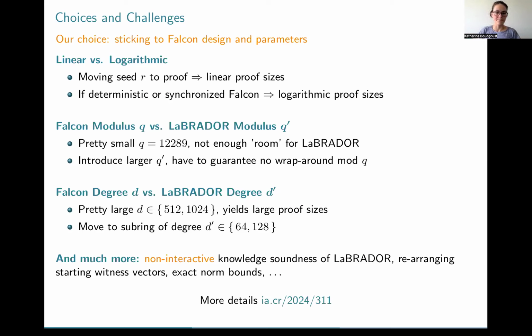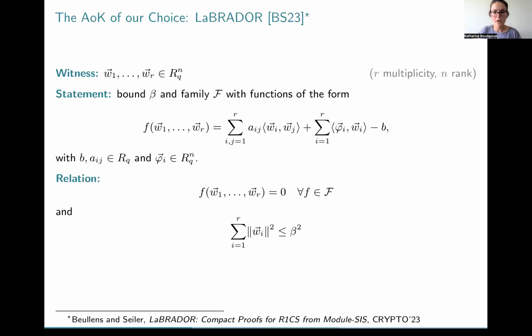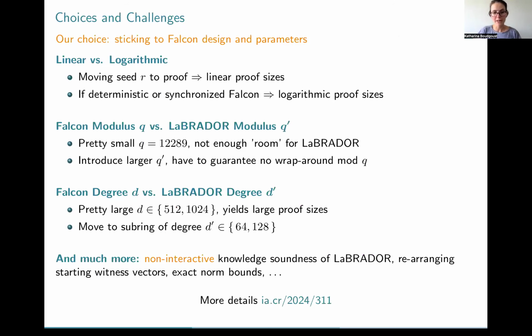And the Labrador family only checks the sum of the norms. But for the signature aggregation, we actually need a check on every norm and not only on the sum. So we also have to work a little bit harder to get exact norm bounds. So I really encourage you to go to the ePrint and check out the details there.